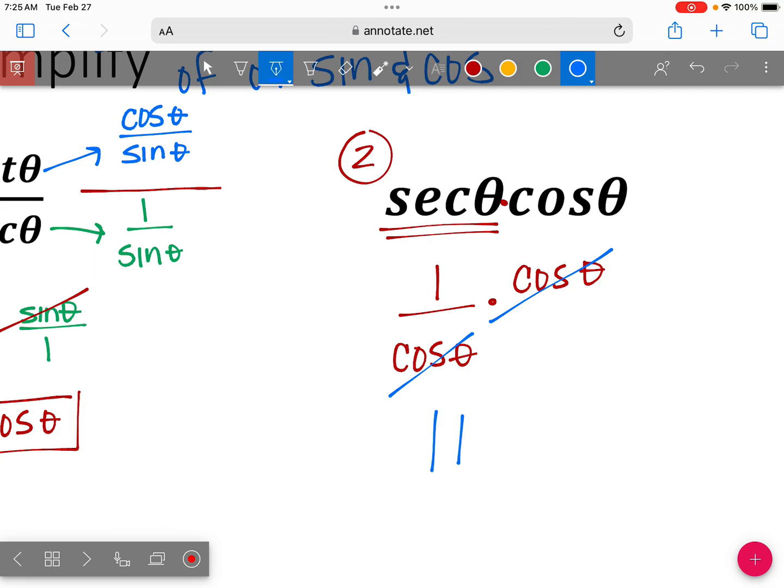All right. And it's something that you may want to just note. Maybe you want to write this down. But anytime you multiply two sisters, you get 1. So secant times cosine is 1. Cosecant times sine is 1. Cotangent times tangent is 1.